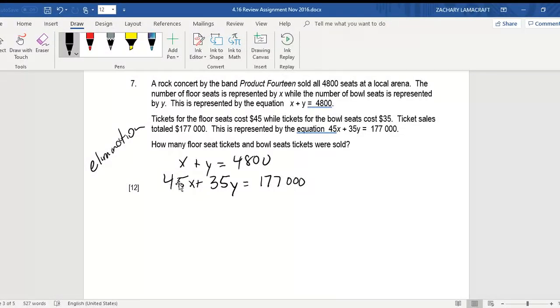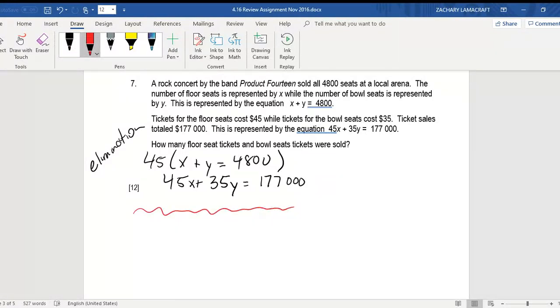And in this case, I usually just choose the first variable. It makes it easiest. So I'm going to multiply this whole equation by 45 to give us a different equation to match with the other to eliminate.